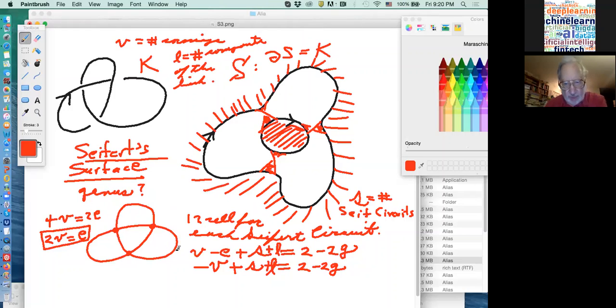All right, so now I have that, and that tells me that 2G is equal to V minus S plus L minus 2, if I'm not mistaken, which I probably am. Let me see. Plus 2, right?